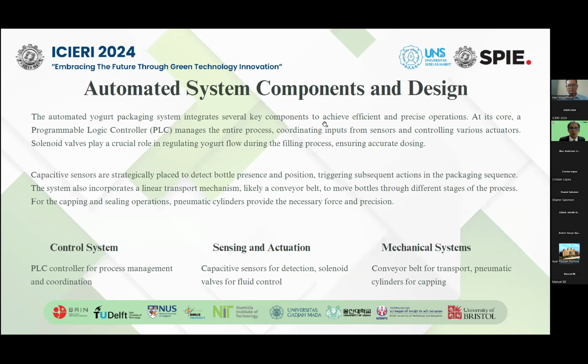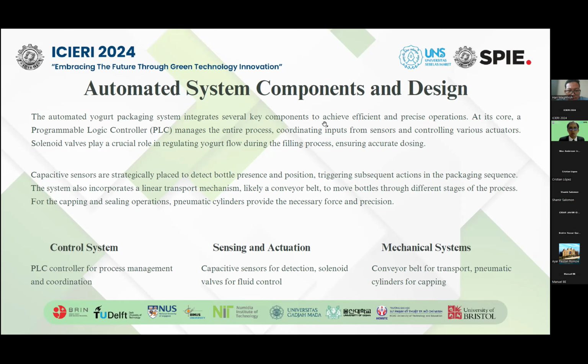Okay, the automated yogurt packaging system enhances efficiency and precision through key components. A programmable logic controller, that is PLC, manages the process, coordinating sensor inputs and actuators. Solenoid valves ensure accurate yogurt flow during filling, while capacitive sensors detect bottles and trigger subsequent actions.